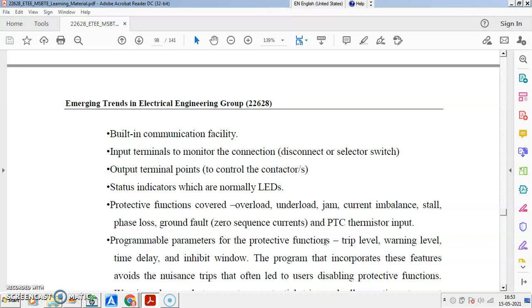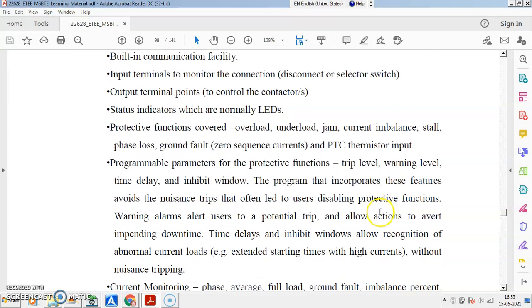And you can also program for nuisance trip. Nuisance means unnecessary trip. Many times unnecessary trips happen, which is possible in the thermal relay. You can program like this and avoid nuisance trips which often take place. So disturbance will be reduced.